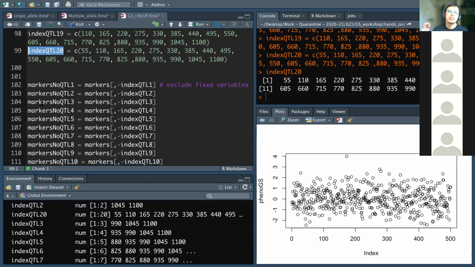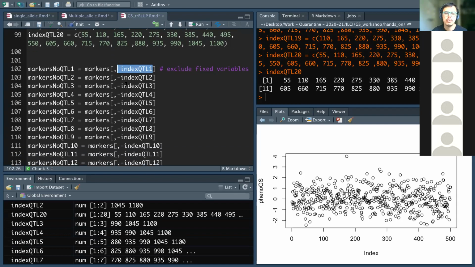And then, as we are going to use that information as fixed effects, we cannot use the same information as random effects. So we have to remove those columns from the marker information, because we cannot use the same information in fixed and then in random effects, because that is going to overestimate the outcome or the variation that the model explains. So now we are going to use those indexes, and we're going to remove them from the marker effects.